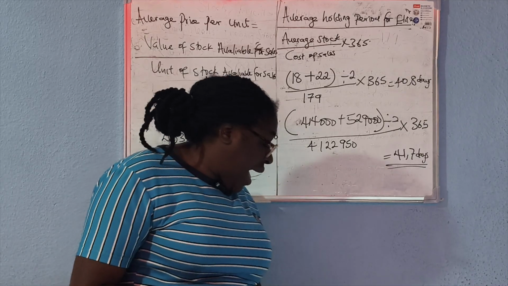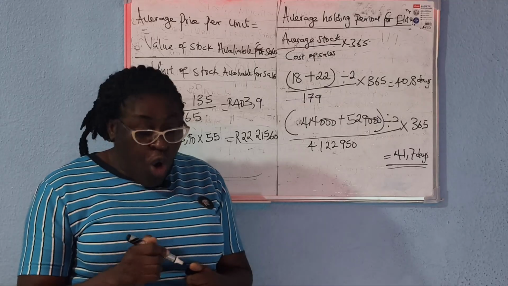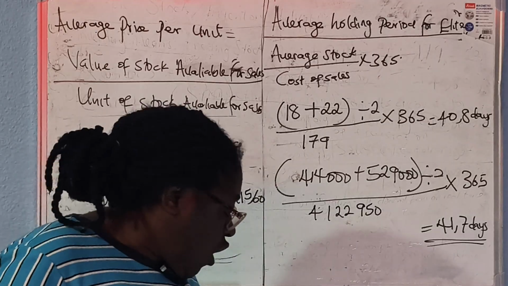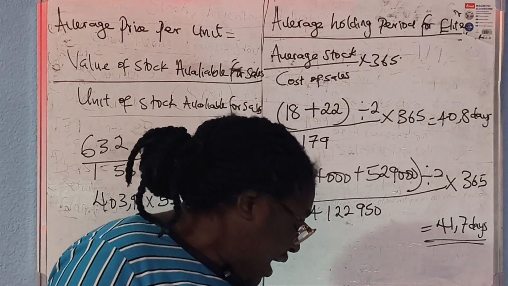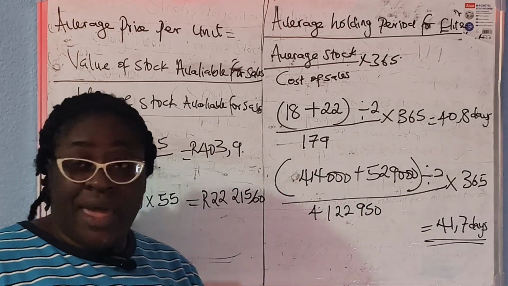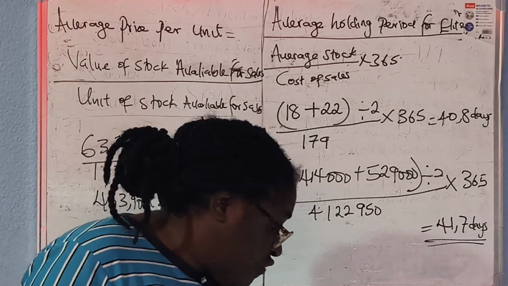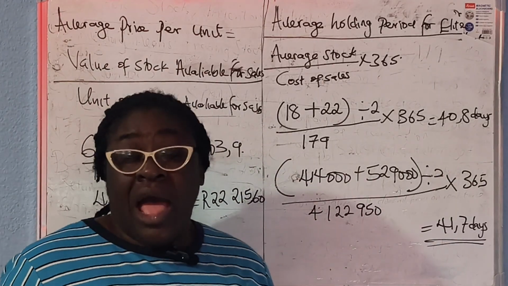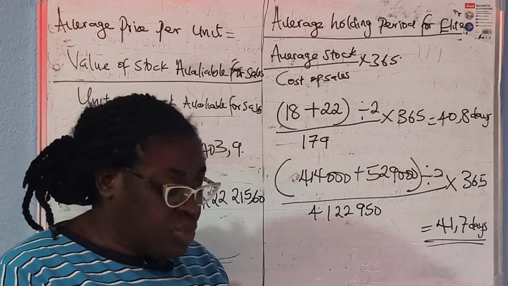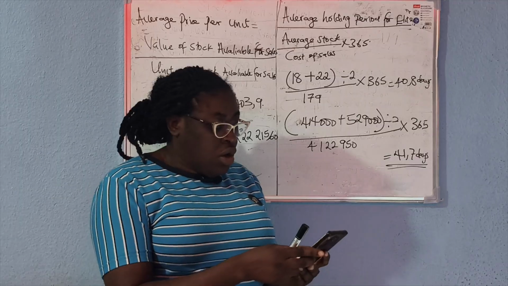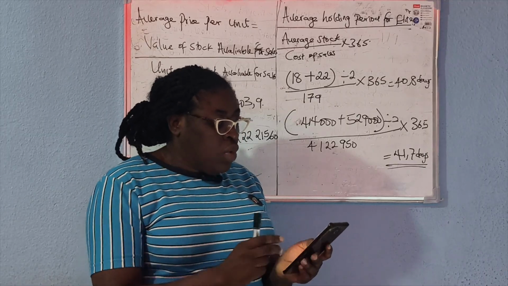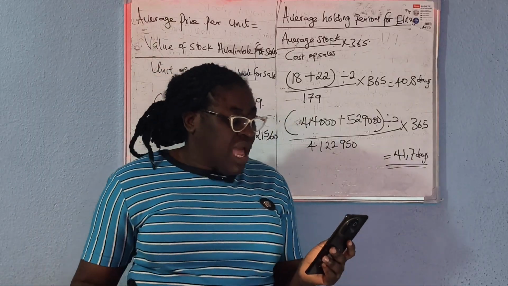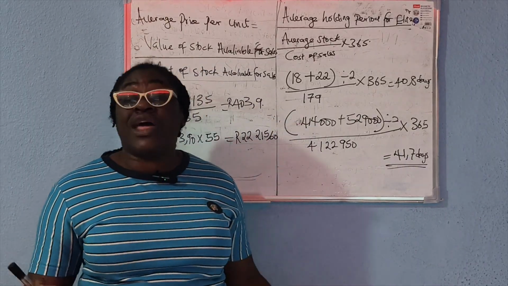You are just supposed to look at the advantages of FIFO over the weighted average method. Now, if we must use FIFO, you find that our closing stock will be higher. We are going to be taking the closing stock for pillows from the stock of March, and if you check the stock of March, it is 430.